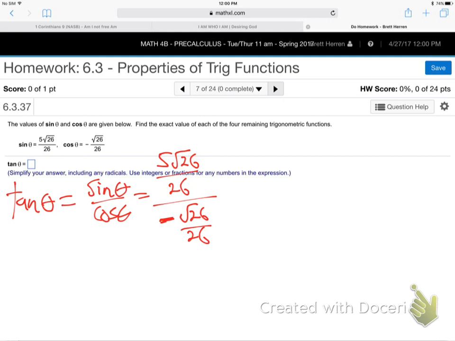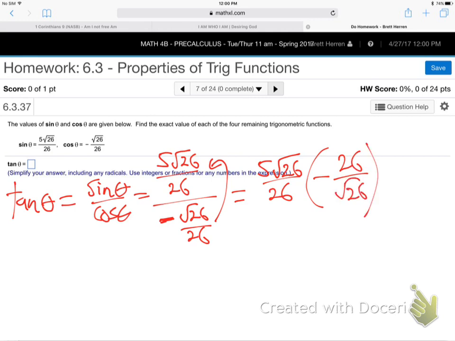Flip up that fraction on the bottom. Times negative 26 over root 26. So then for the tangent, the roots would cancel. The 26, what's the answer? Just a negative 5. Tangent's negative 5.